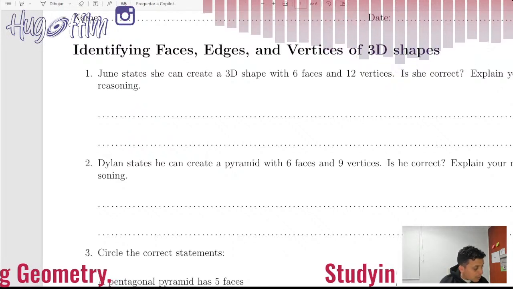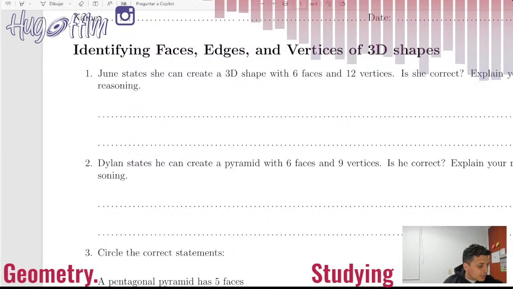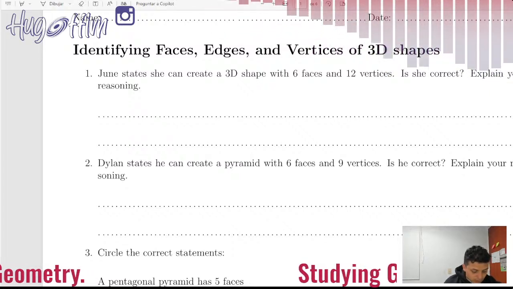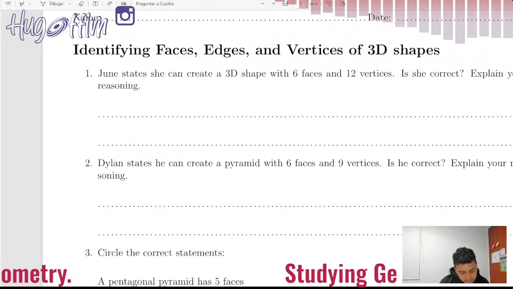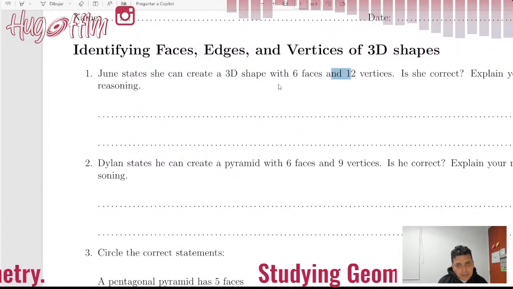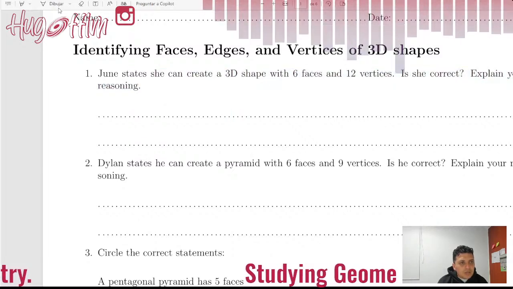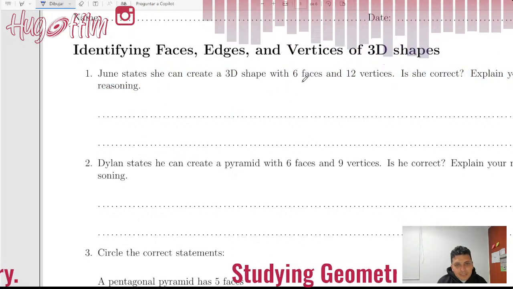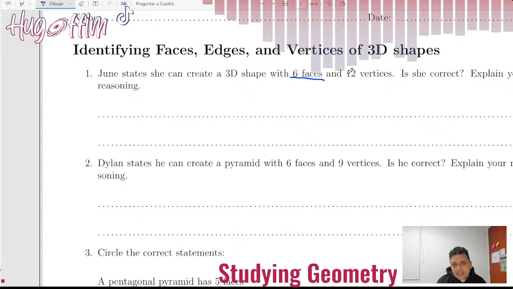It's not working, my pad. Give me a second to see why this thing is not working. A minute, please. Now it's working.